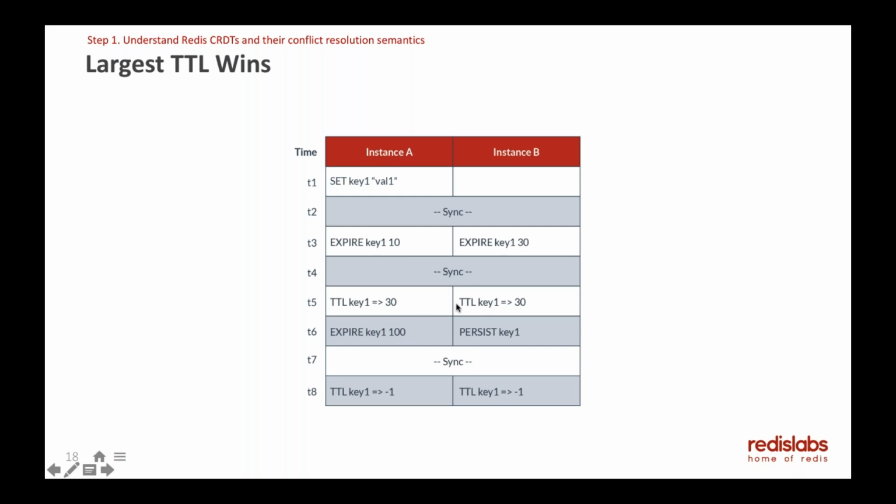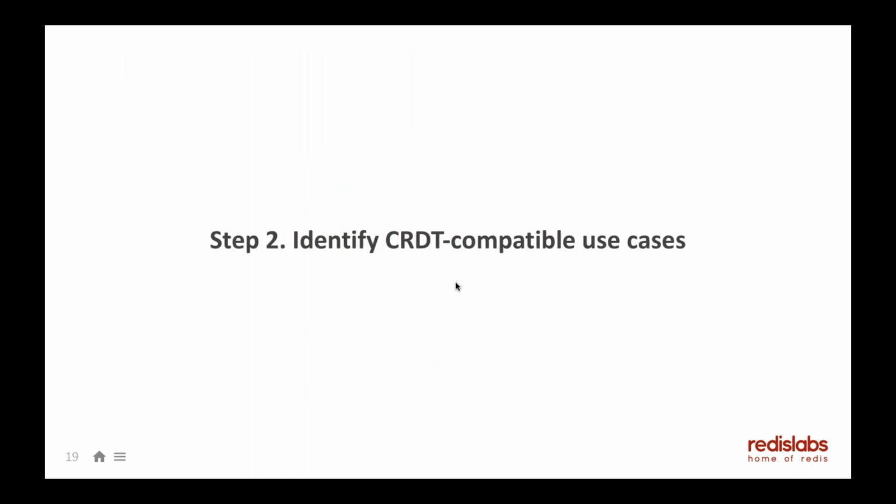So in this case, the 30 wins over 10, and the key will remain for 30 seconds. If you set a -1, which means the key should not expire at all, which is the default value, then that will win over any other number. So these are some of the basic things you need to know before you design a CRDT-based solution.